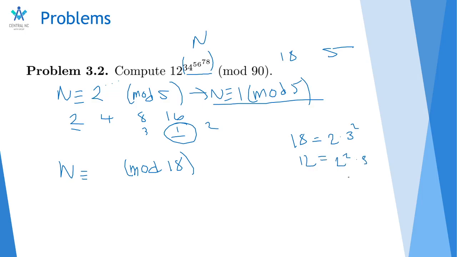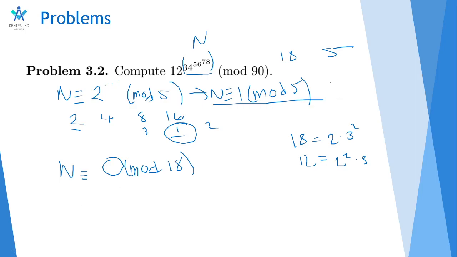By the same argument as before, we're raising this 12 to a humongous power. That means we're going to have some large number of factors of 2, and we have some large number of factors of 3, since we're raising this to that exponent, which means this number will definitely be divisible by 18. That means we'll have 0 mod 18.